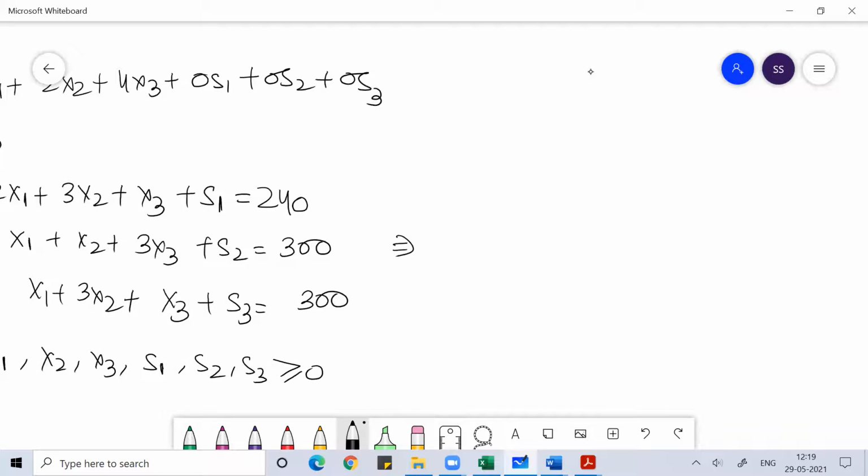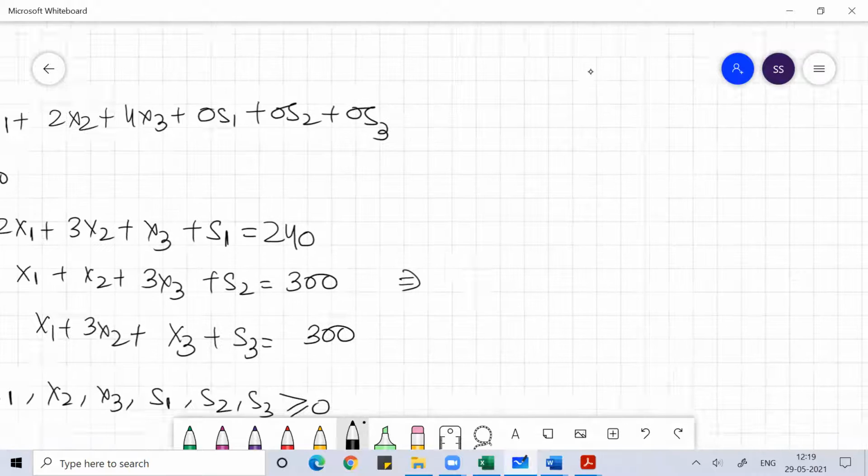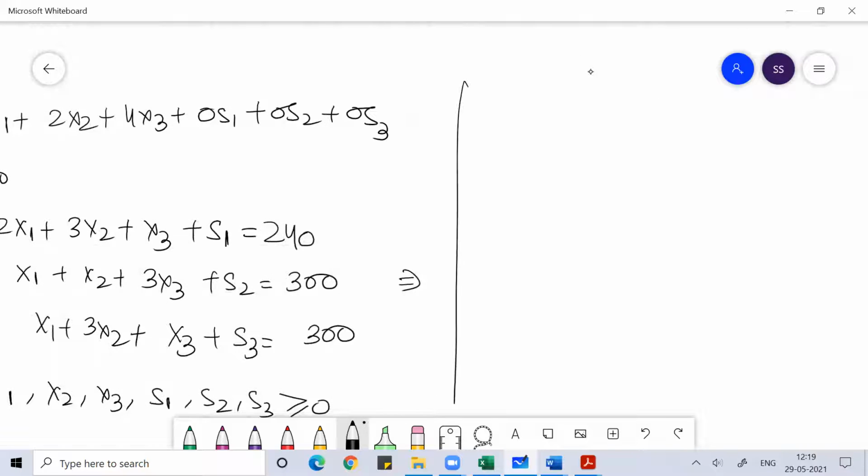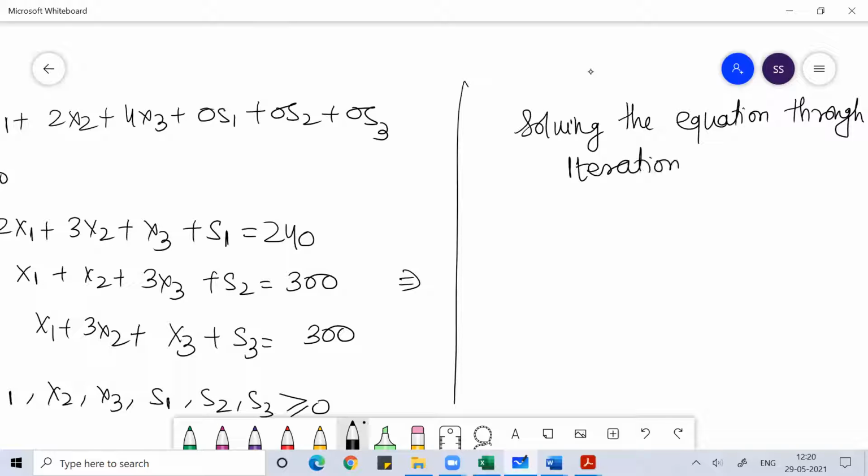Now I'll solve this problem through the iteration table.